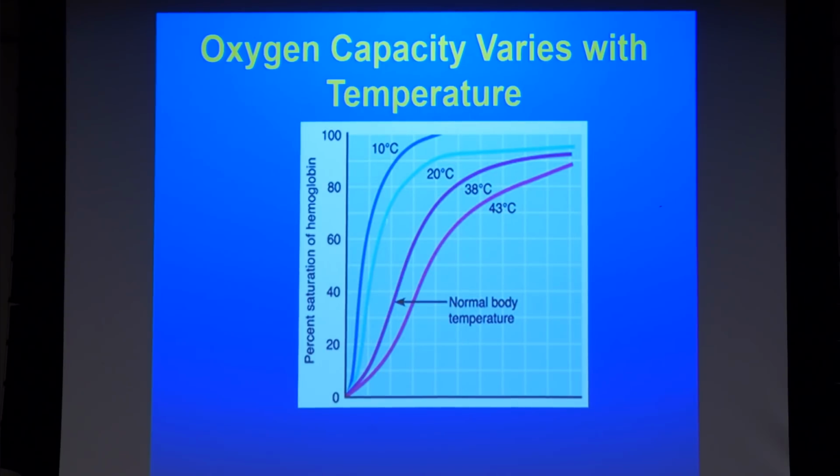And so here we see a curve. We've moved the curve to the left. When you move the curve to the left, that tells us there's a greater affinity of the oxygen for the hemoglobin. So we have this idea here, which is the temperature effect. And what I'm going to leave you with is, imagine what's going to happen if we change the pH.